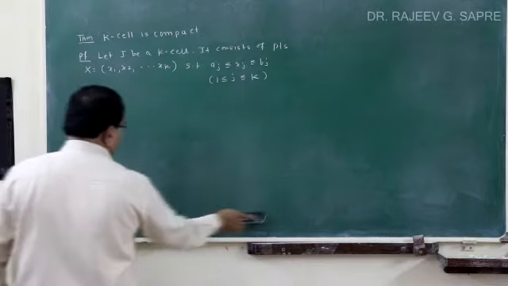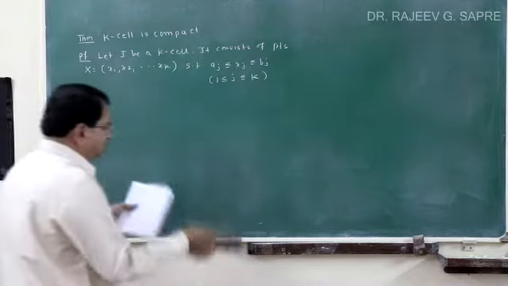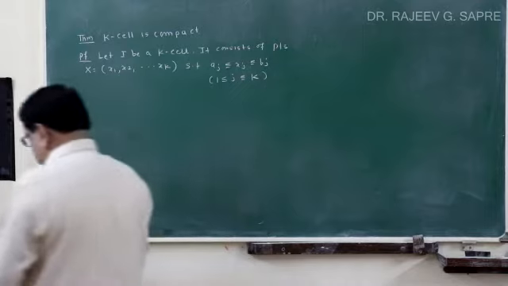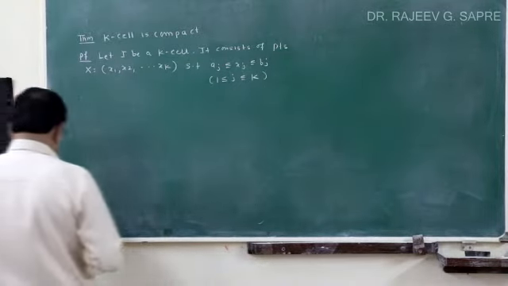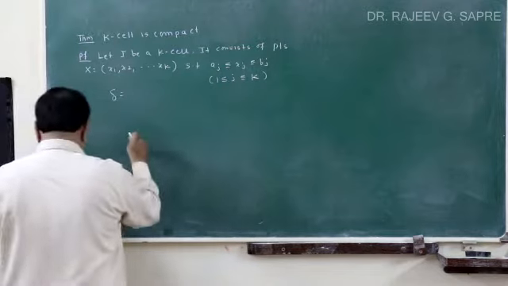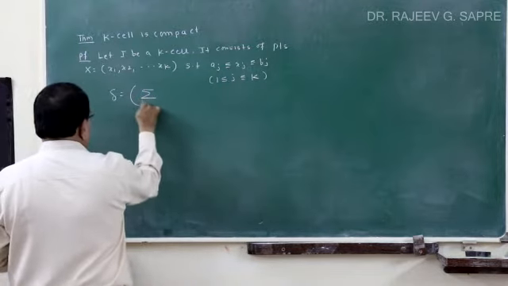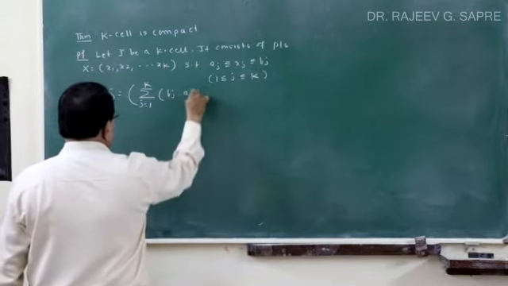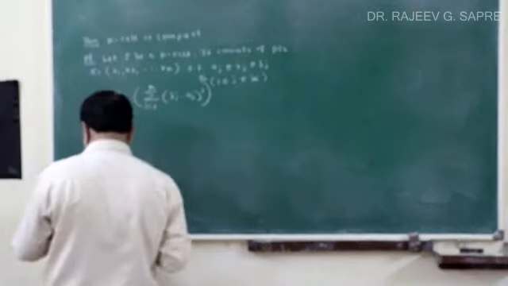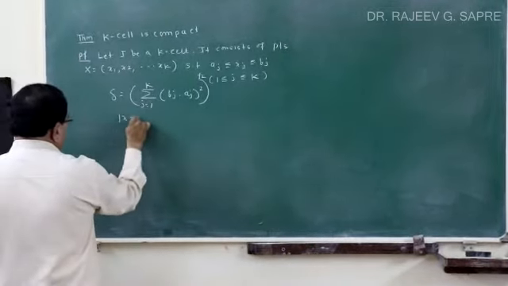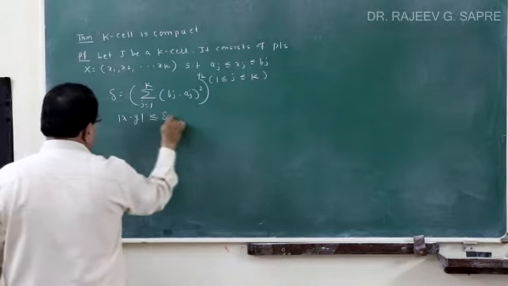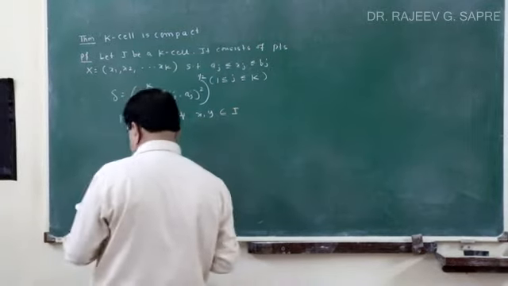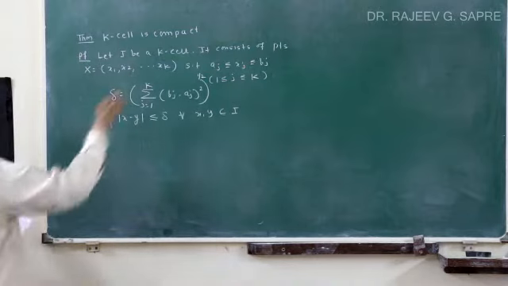It is a subset of Rk; its special case in R2 is a rectangle, and in R it is an interval. We put delta equal to the summation, j taking values from 1 to k, of (bj minus aj) squared, raised to 1/2. Then mod of x minus y is less than or equal to delta for all x and y belonging to the k cell, which I call I.